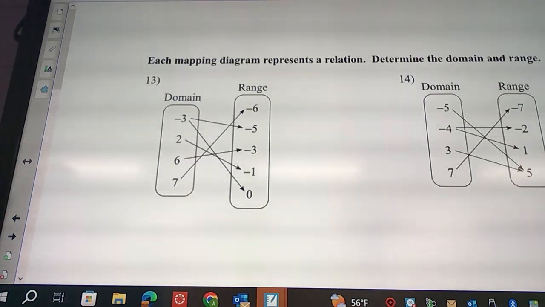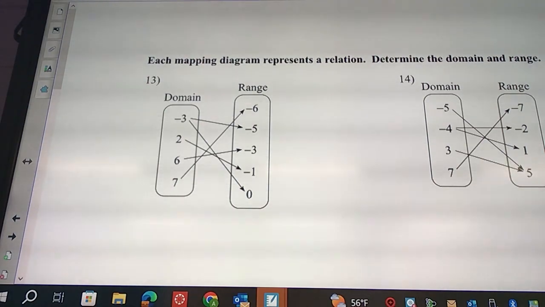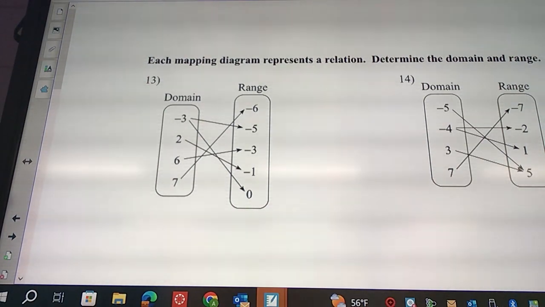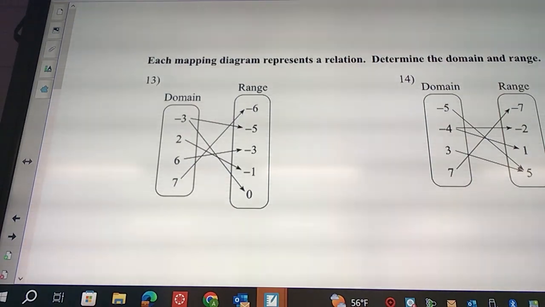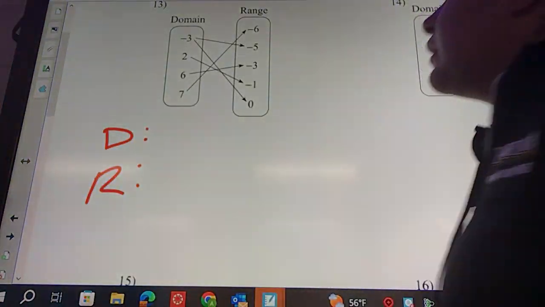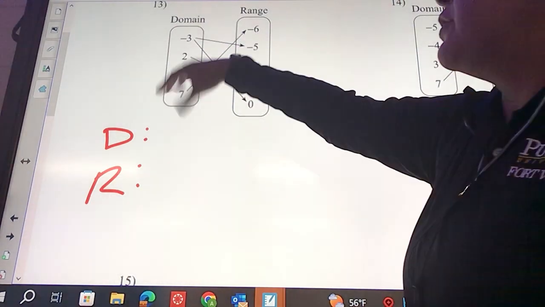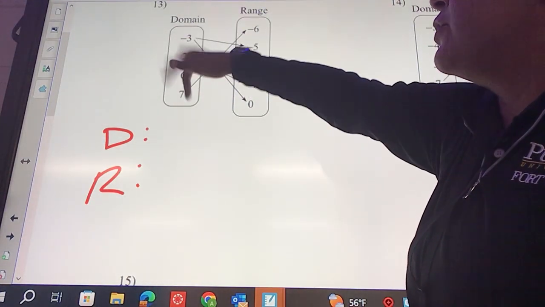Okay, number 13, these are called a mapping, okay? So there are multiple ways for you to read this, to understand this. It is kind of just by preference. So we can say domain and range. These are kind of simple to look at because they're already marked. I can tell that these numbers are all on the domain.